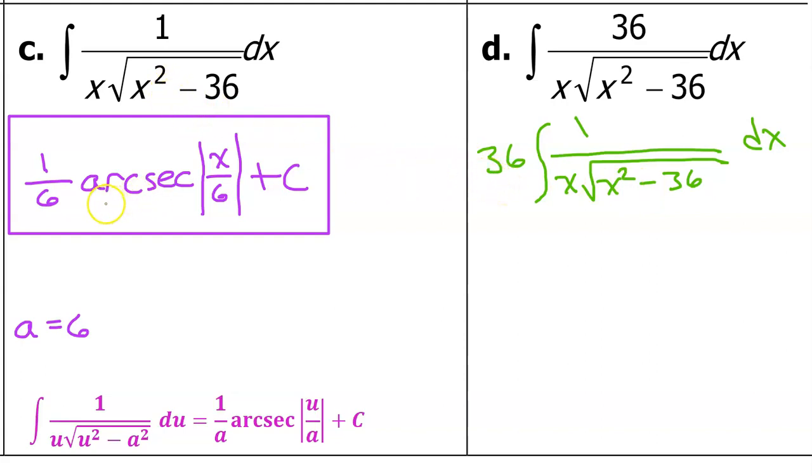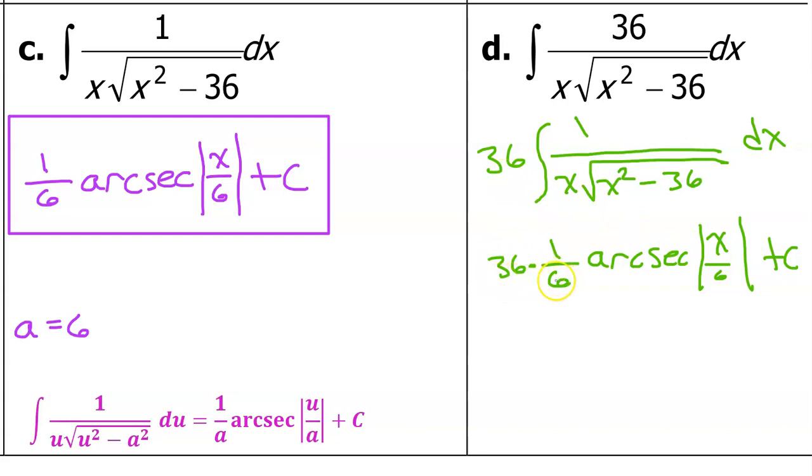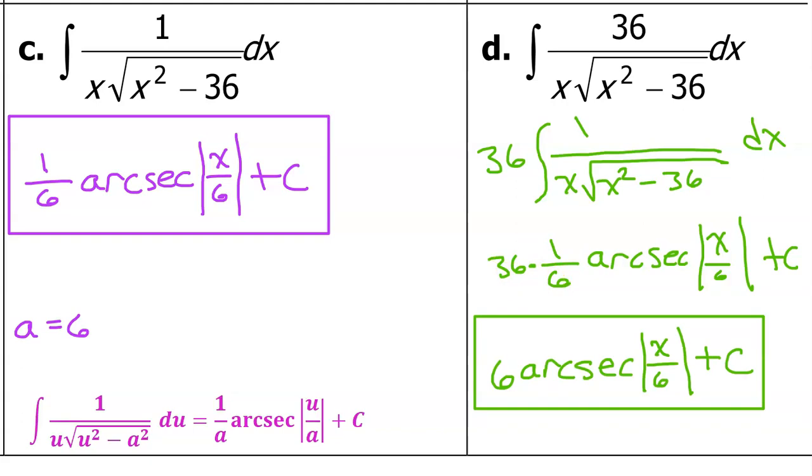So I'm just going to copy the answer that we had from part C. So we had 1/6 arc secant absolute value of x over 6 plus c. But because we have this 36 in the front of the integral, we bring that down. 36 times 1/6 is 6. It's the same as 36 divided by 6. So there's your answer to part D.